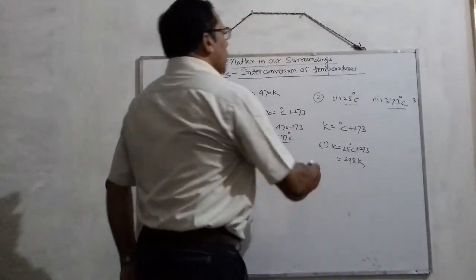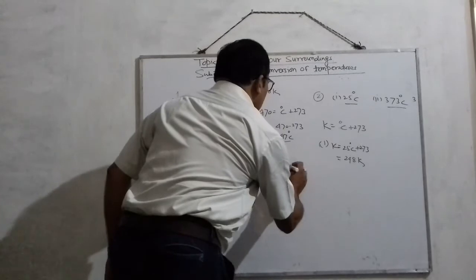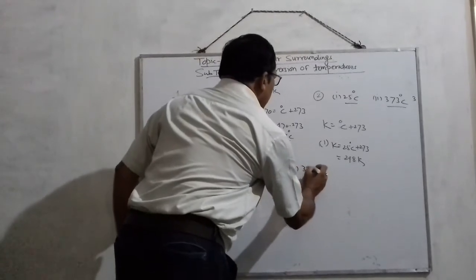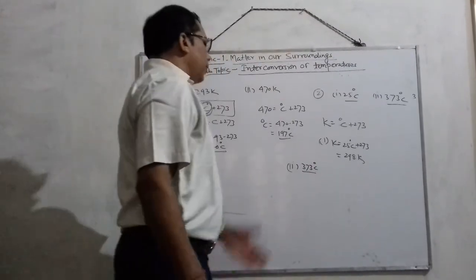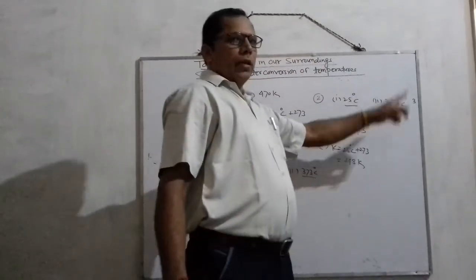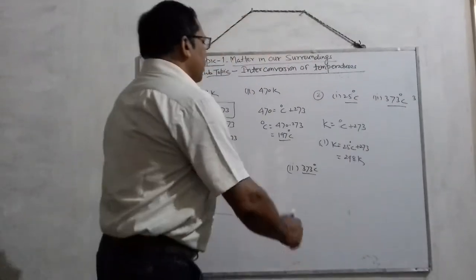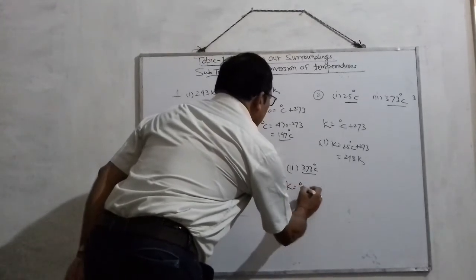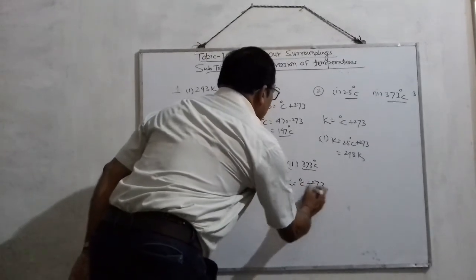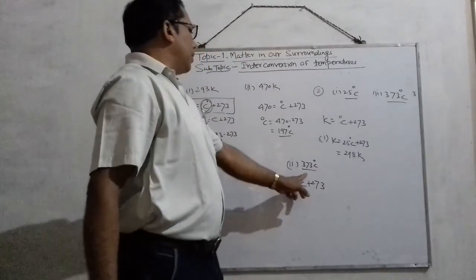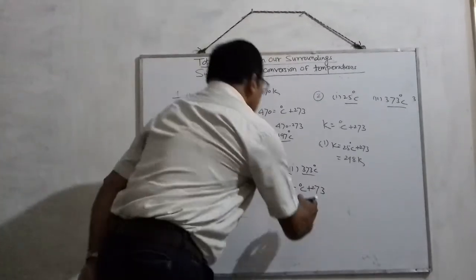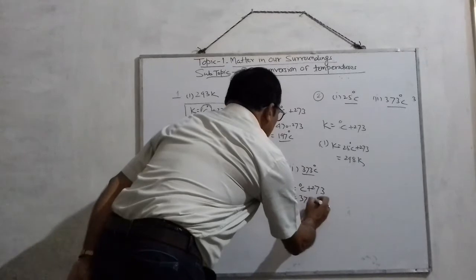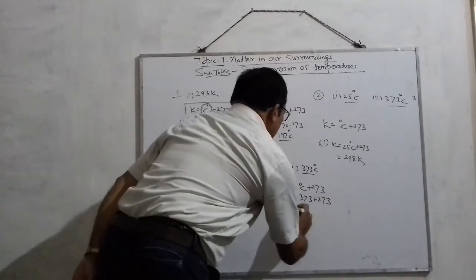Similarly, the second question, that is 373 degrees Celsius. We have to find this temperature in the Kelvin scale. So K is equal to degree Celsius plus 273. The degree Celsius is given, so that is 373 plus 273.